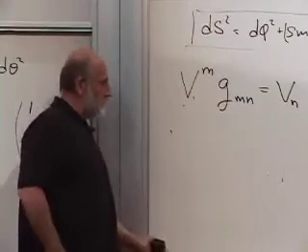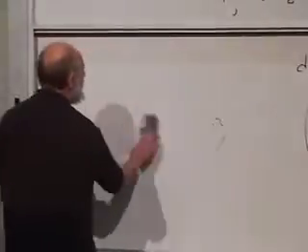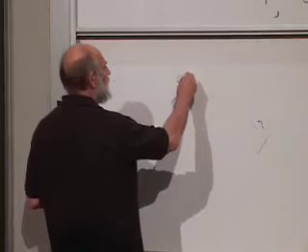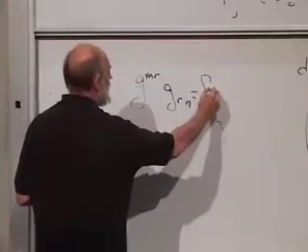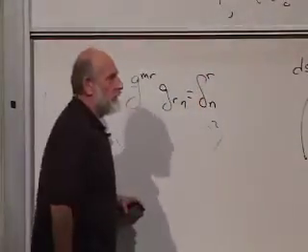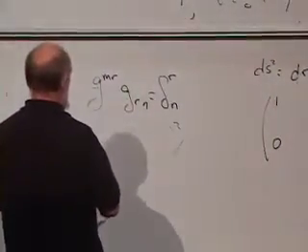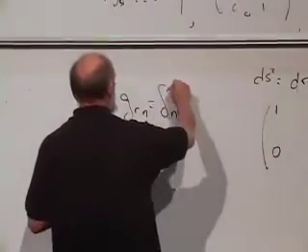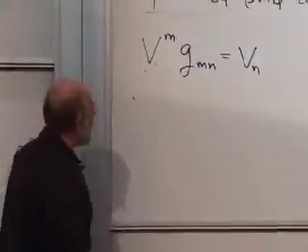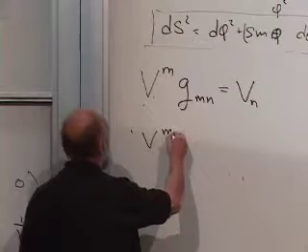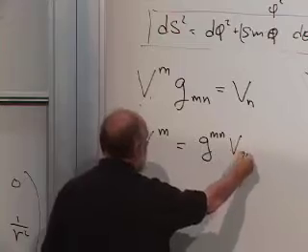See if you can prove, using only the property that G^{MR} G_{RN} equals delta^M_N, it's very straightforward, that you can solve this as Vm equals Gmn with upper index times Vn.